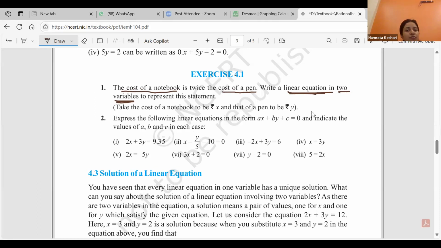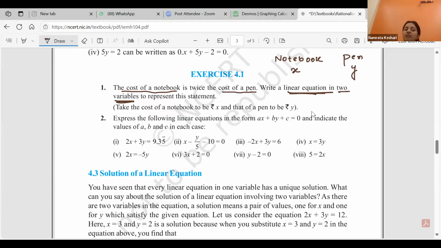Yes, ma'am. We will always assume, let's call the cost of notebook X rupees and the cost of pen Y rupees. Till now we have not read the statement. We need to read it properly and understand it.